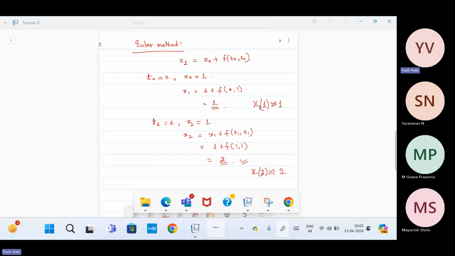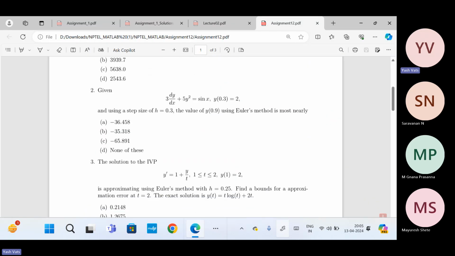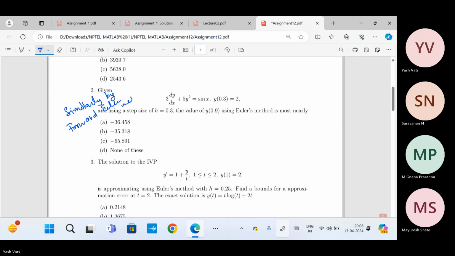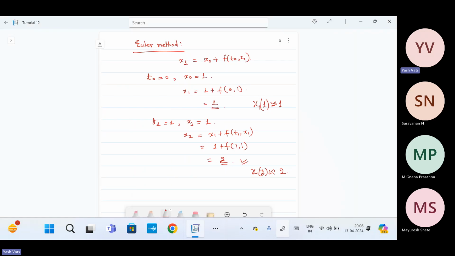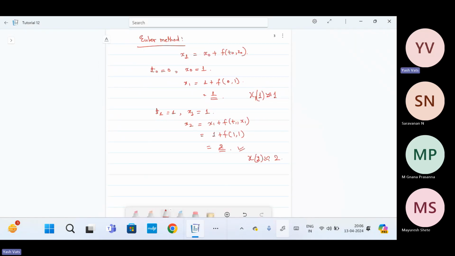The second is a similar question. Similarly, by the forward Euler method, this. But I want to give you the backward Euler method justifications. If you want to solve this similar equation using the backward Euler method, how will you do that?